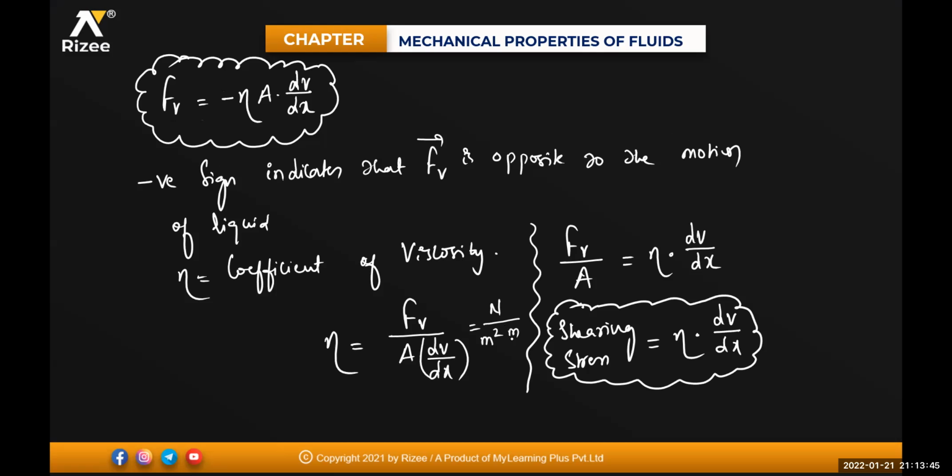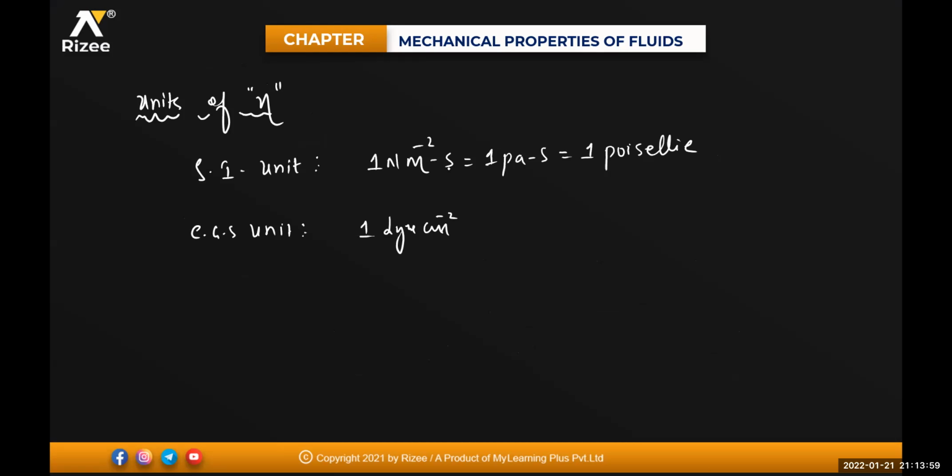Velocity is meter per second, distance is again meter. This one and this one will get cancelled. So this will be Newton second over meter square. So Newton meter inverse square second, or dyne centimeter square second, is also called 1 poise. Clear, beta?